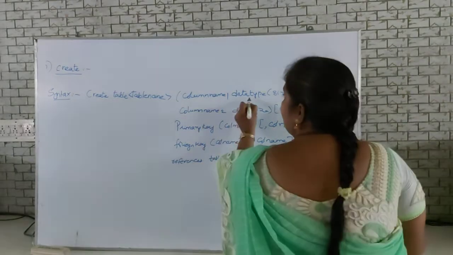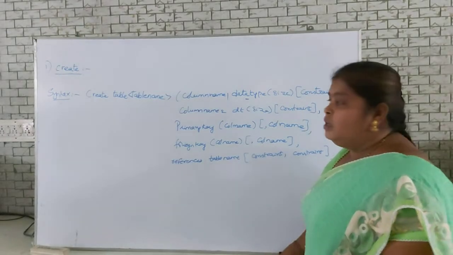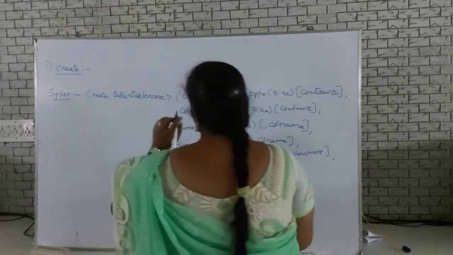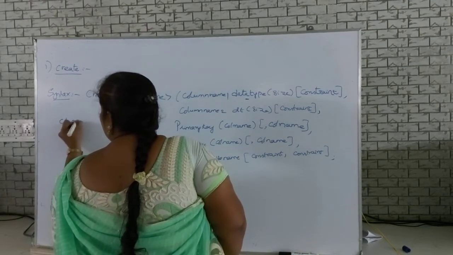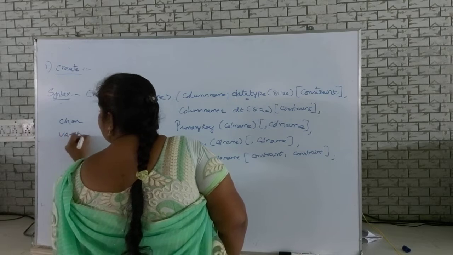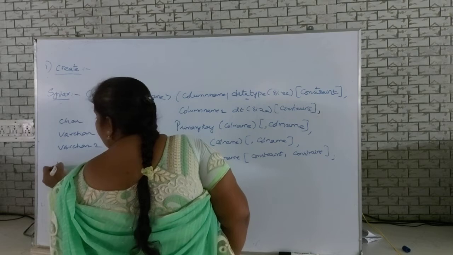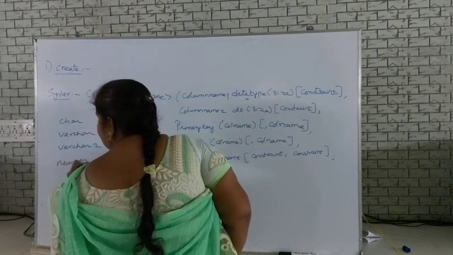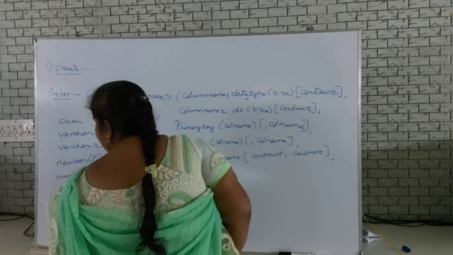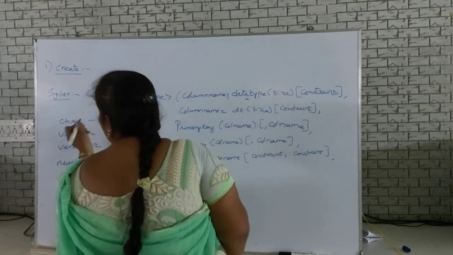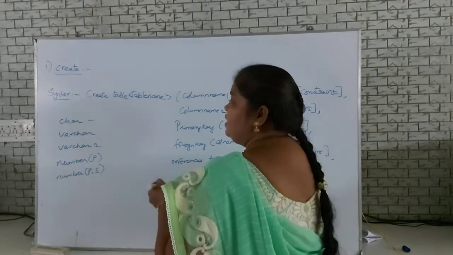Coming to data types, there are different types of data types used in SQL. Some of them are char, varchar, varchar2, and number of p comma s. Char is a data type used to store only a single character.